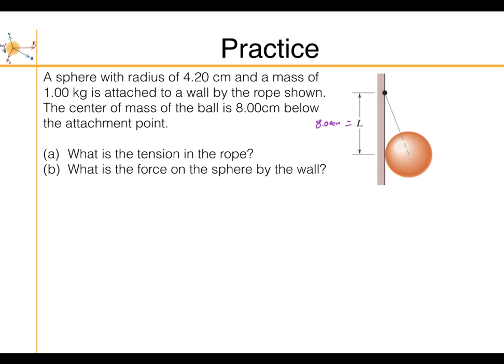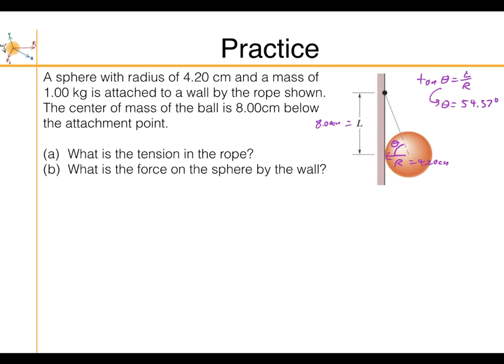And the radius r is 4.20 centimeters. We can use that to calculate the angle theta right away; we're definitely going to need it. Tan theta is equal to opposite over adjacent, L over r, which when we solve for theta gives approximately 54.37 degrees. I'm going to keep some extra sig figs there for our calculations.